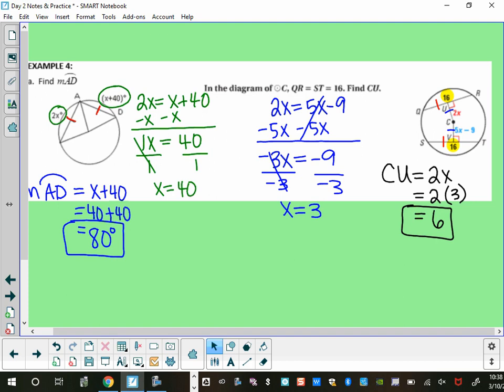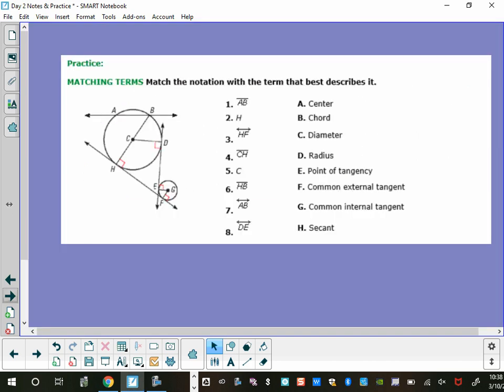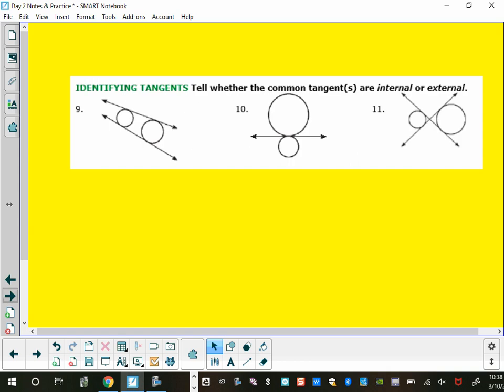Okay, so you are going to work on the practice. Before we start the practice, let's look at number 9, 10, and 11. We're going to talk about common internal and external tangents. When it comes to tangents, we're looking for whether it is a line that's just on the circle, or if it's going between or outside the circle.